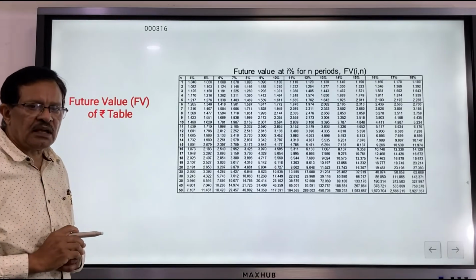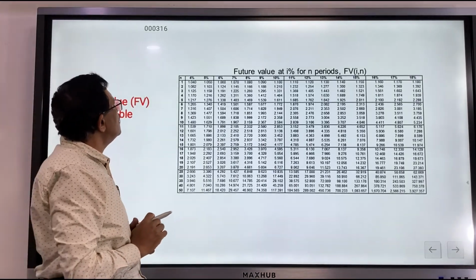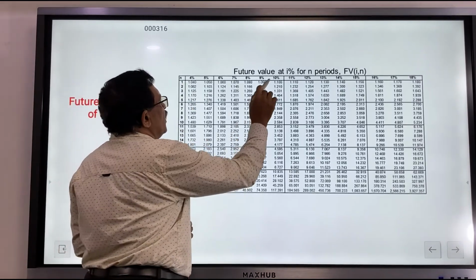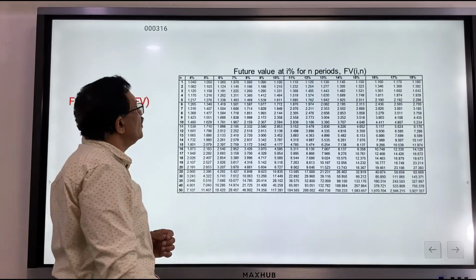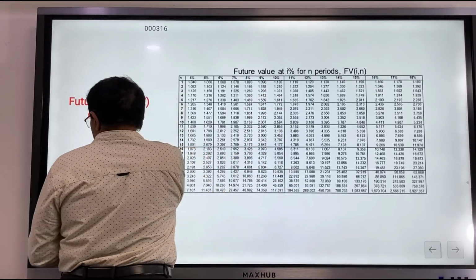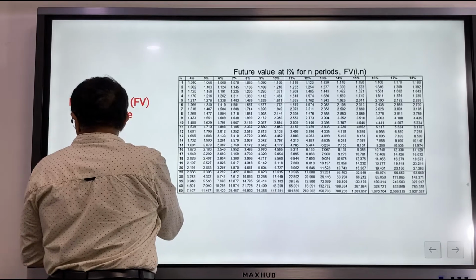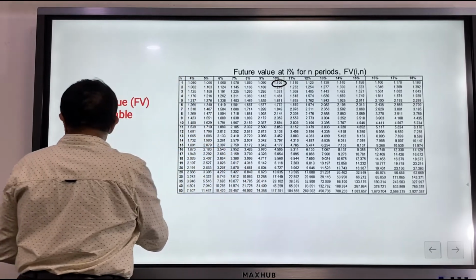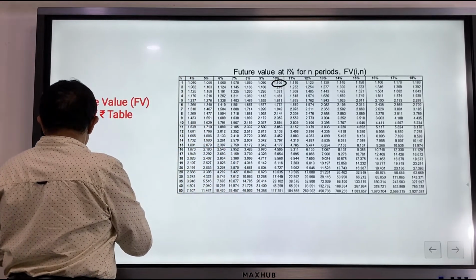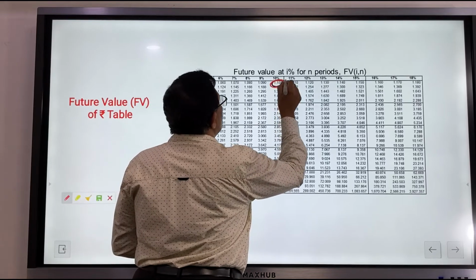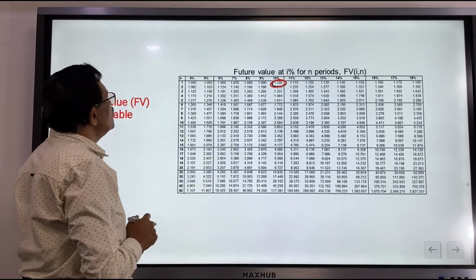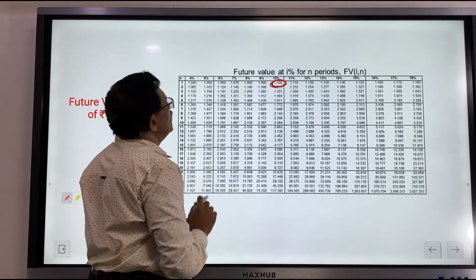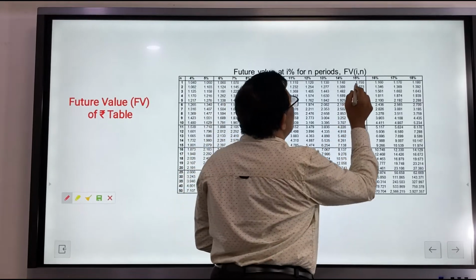Supposing that somebody has invested 1 rupee for 1 year at a rate of 10%, the interest factor is going to be 1.10. Suppose somebody has invested 1 rupee for 1 year at 15%.